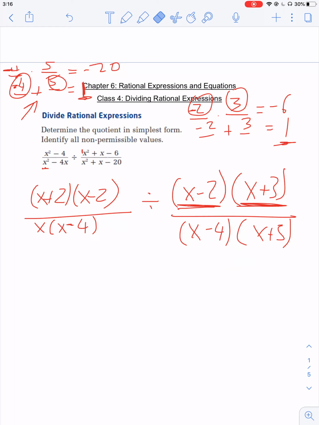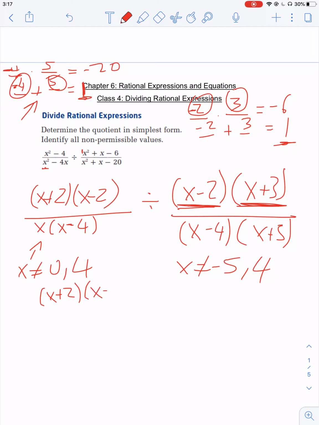So the restrictions over here are x cannot equal 0 and x cannot equal 4. Restrictions over here are x cannot equal negative 5 and x cannot equal 4. Okay, but now in the next step, let me just rewrite this: x plus 2, x minus 2, x minus 4.